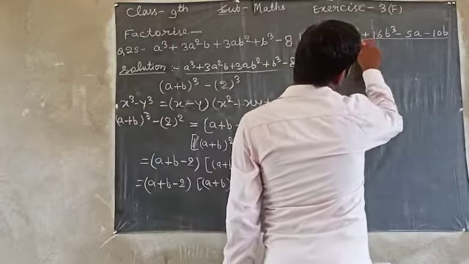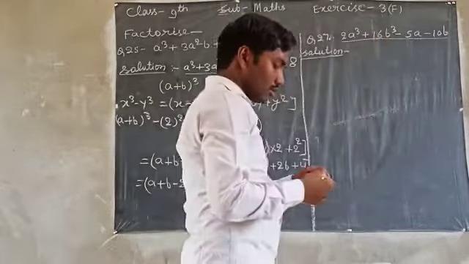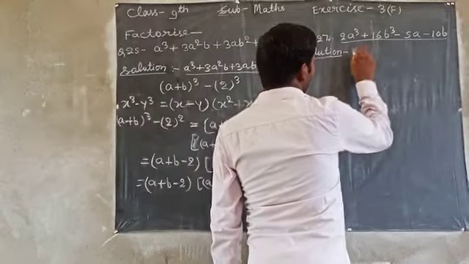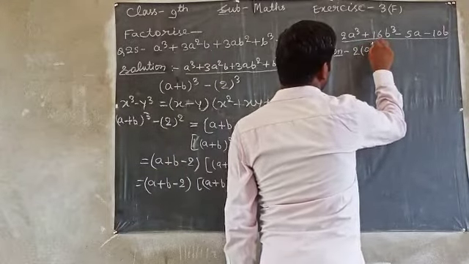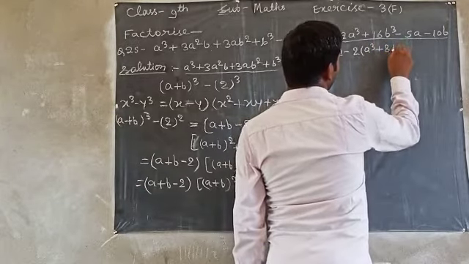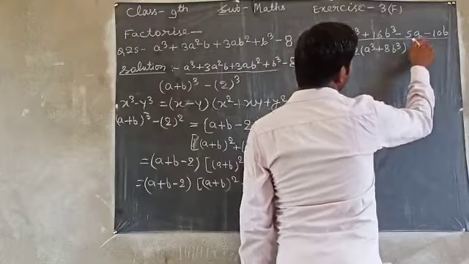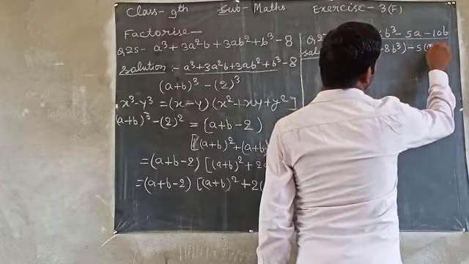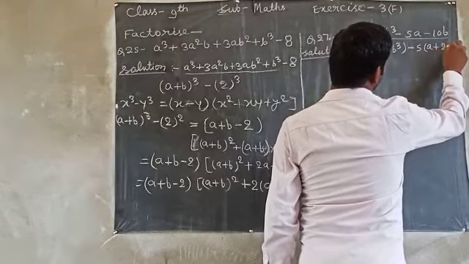From these first two parts, you can take 2 common. So it will be 2 times (a cube plus 8b cube). From the other part we can take common minus 5, so it will be (a plus 2b).